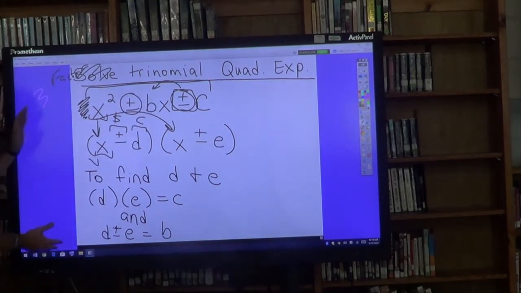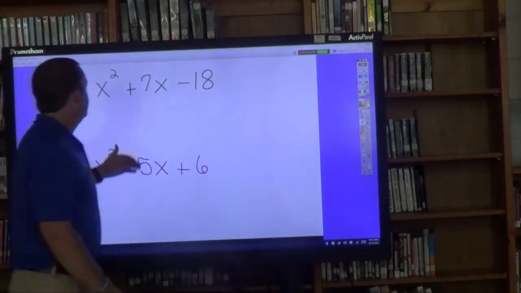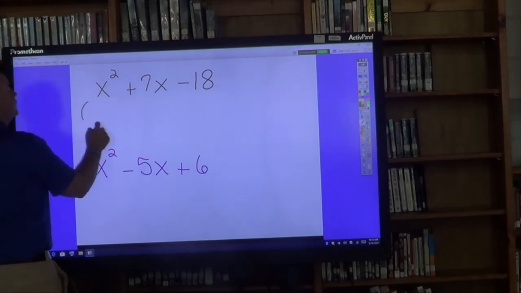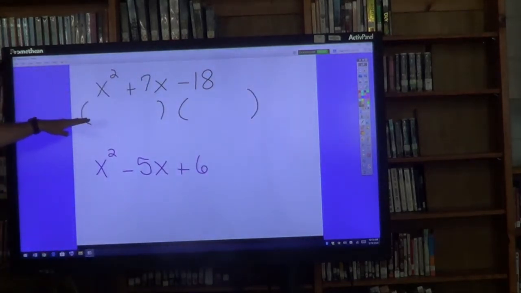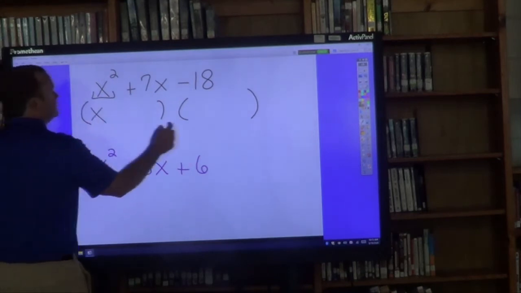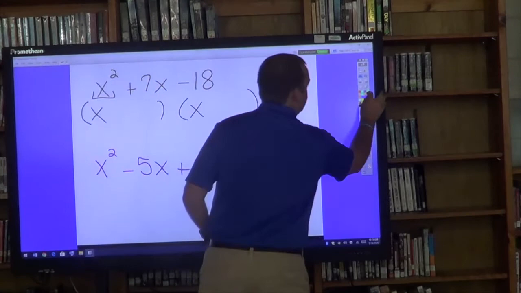Now, it's a lot easier when you start putting numbers with it, such as this. Let's say we start here. First thing I'm going to do is factor it, so I know it's going to have parentheses. Parentheses mean multiply, so we set up parentheses. Variable is the easiest one to find. Now our signs depend on what we're given.